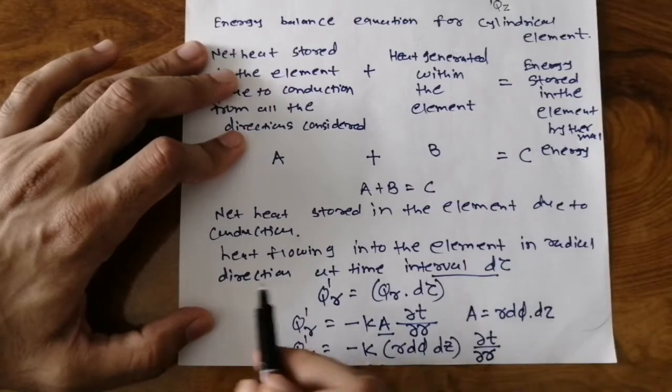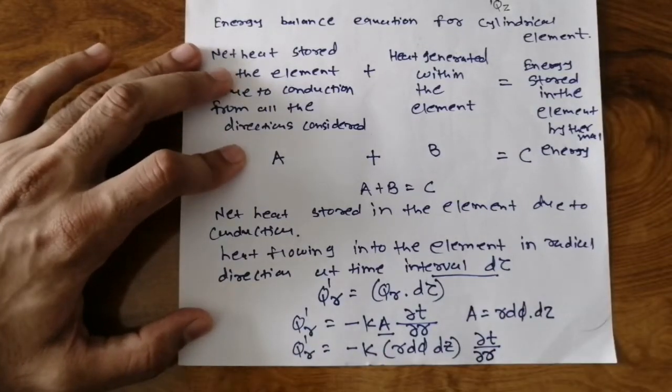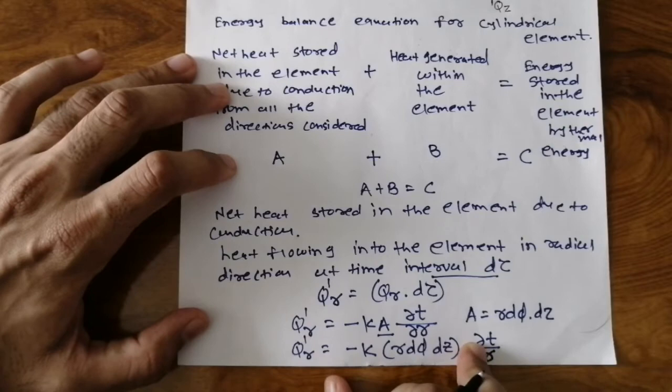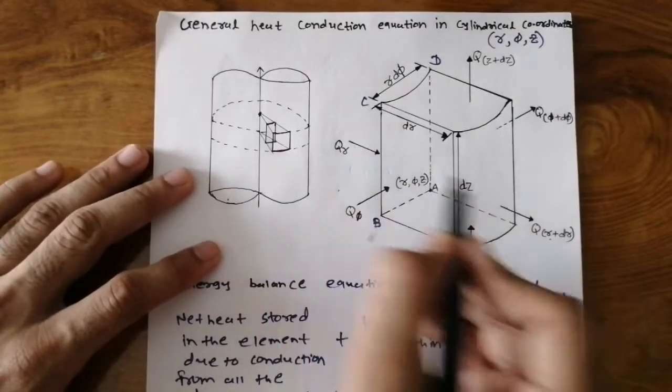Okay, heat flowing into element in radial direction at time interval del tau. So it will be energy in. Similarly, energy out will be considered.